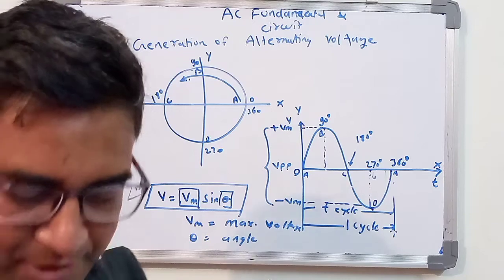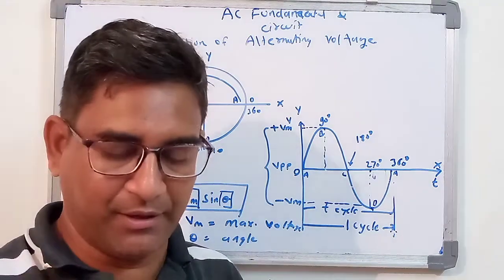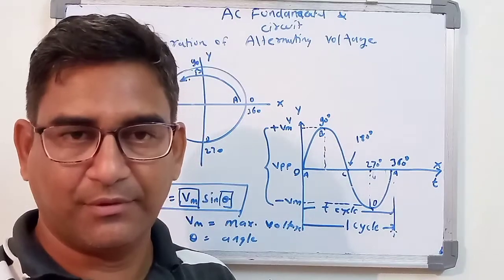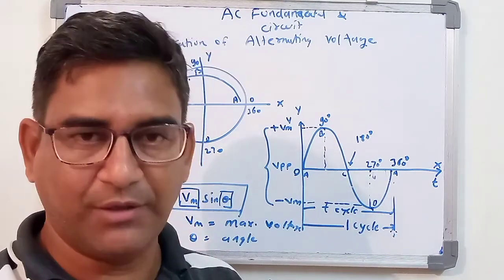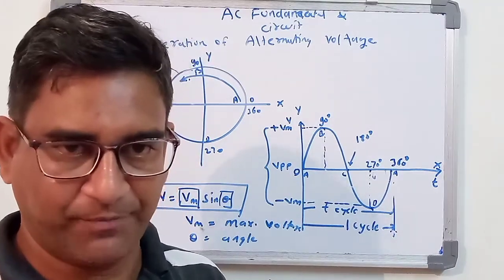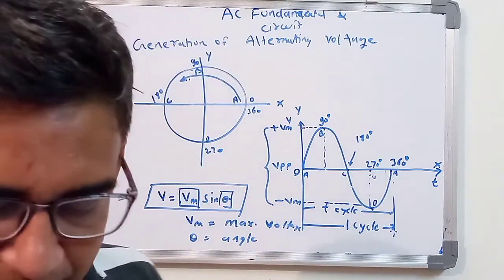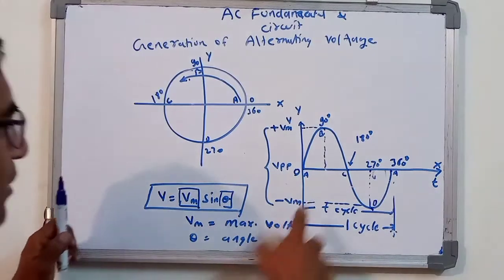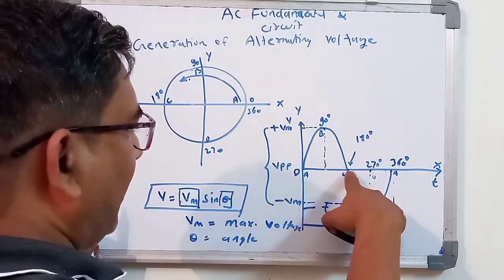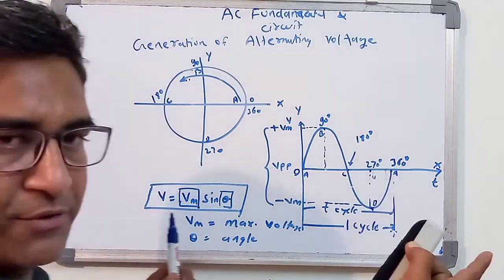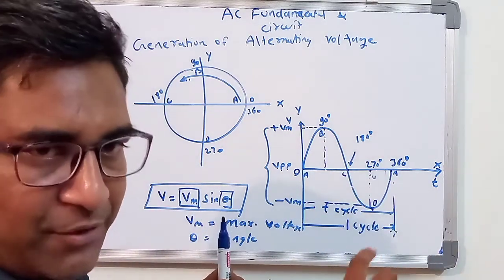In an angular measure, the complete circle includes 360 degree. Therefore, one cycle corresponds to 360 degree. When you are using this particular form, from here to here is half, and from half to the next half you get the next cycle, that is a negative cycle.